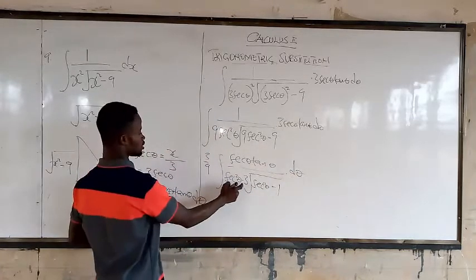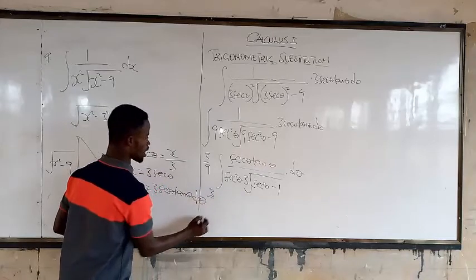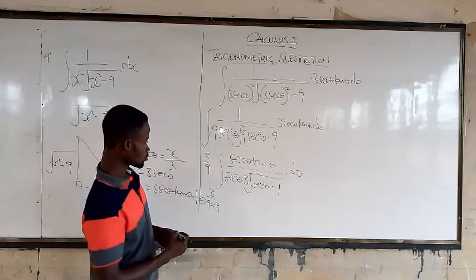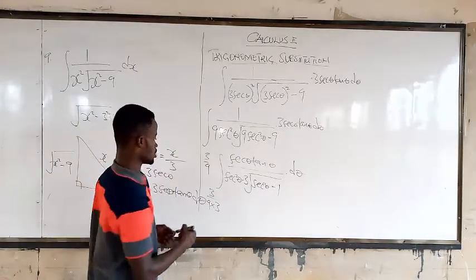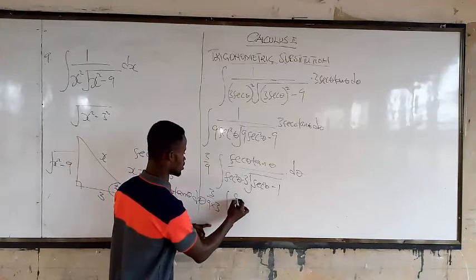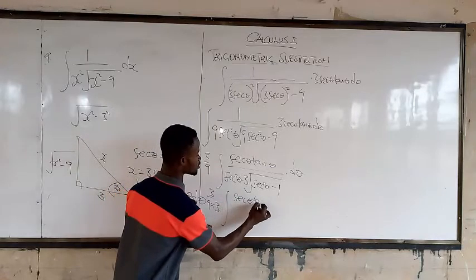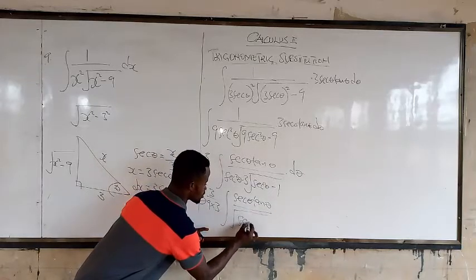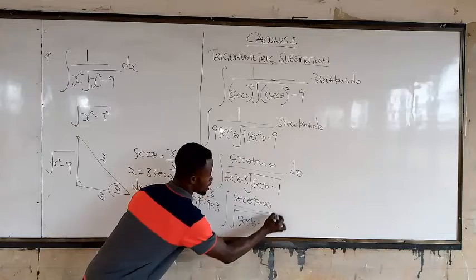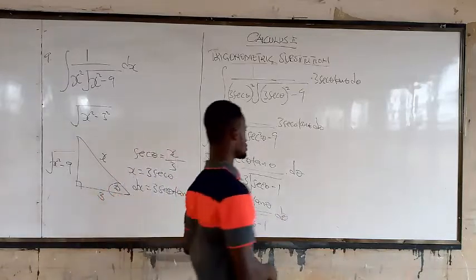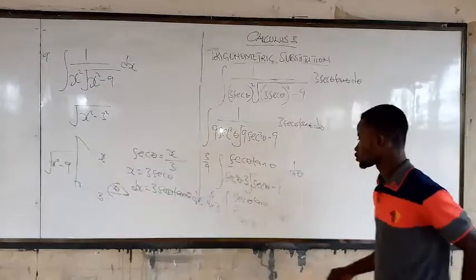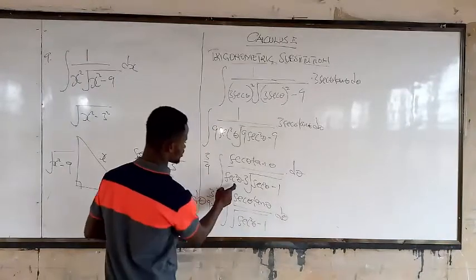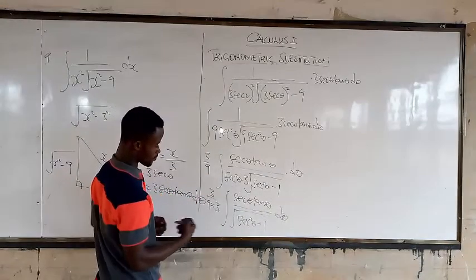This will come and multiply this. We get 3 over 9 times 3. And we get integral of sec theta tan theta, all these over square root of sec squared theta minus 1 d theta. So from here, hey, I forgot to bring something. This sec theta.